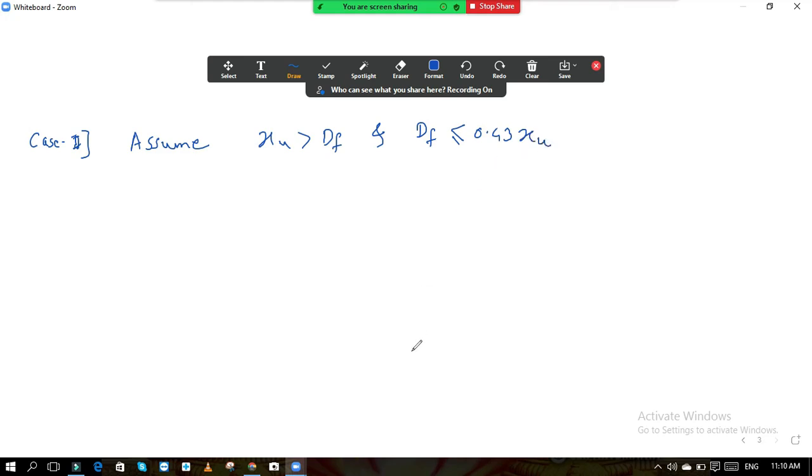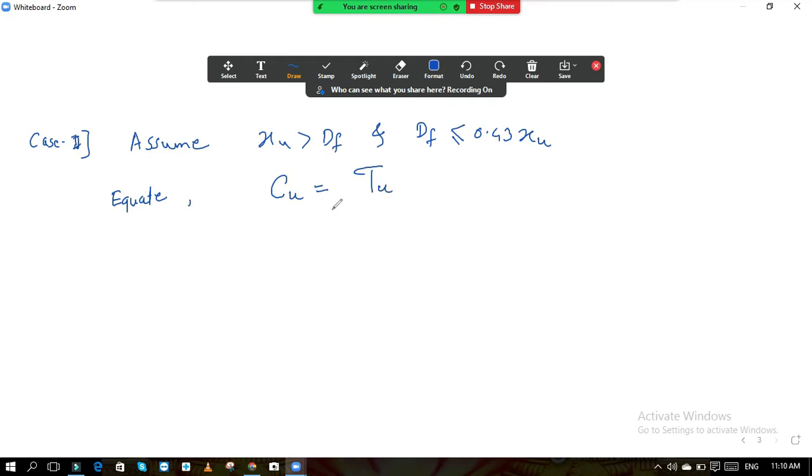This is the condition. Here we have assumed the neutral axis is in web. Again we will do the same thing to calculate the value of xu for the second case: equate total compressive force to total tensile force.